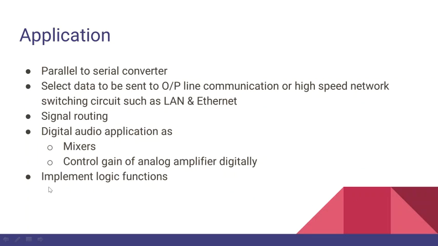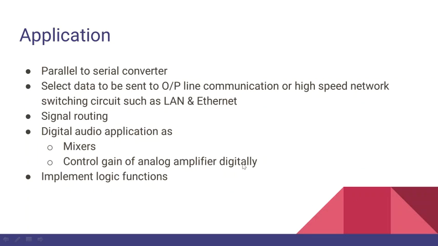I would love to give you a small task here: find out how multiplexers are used in controlling analog amplifier gain digitally. If you have any queries regarding this, do let me know.